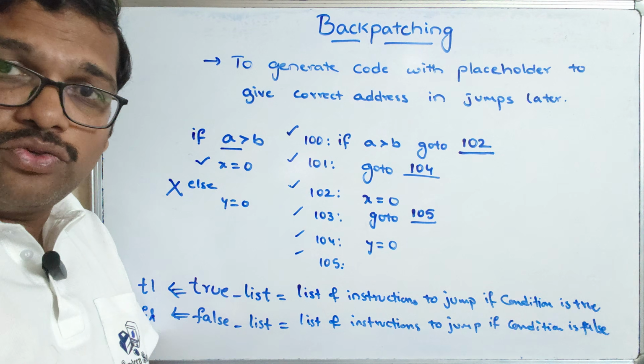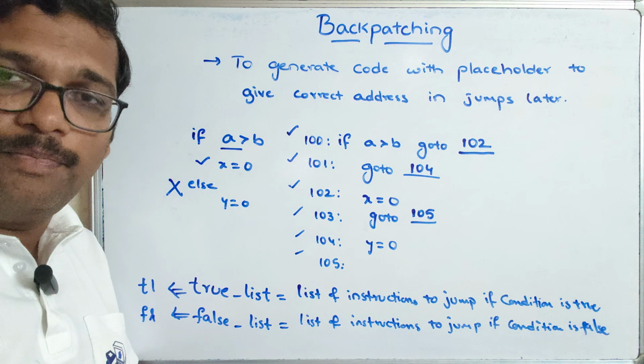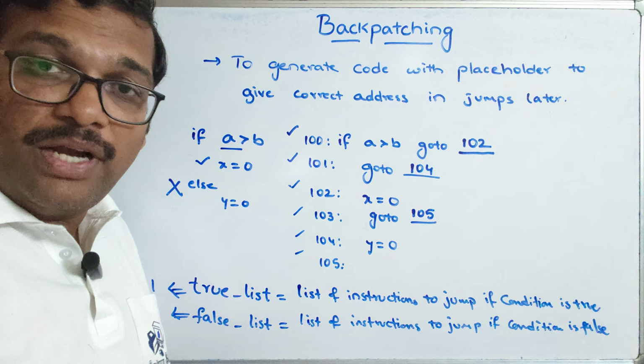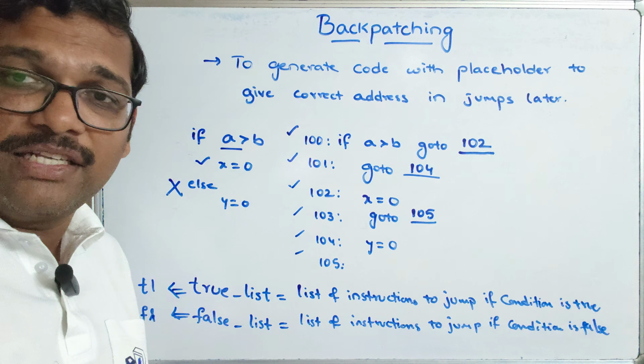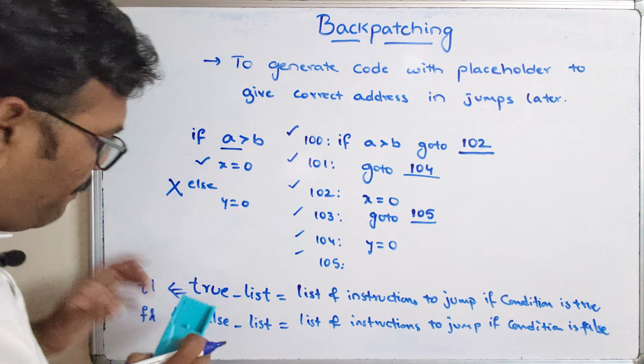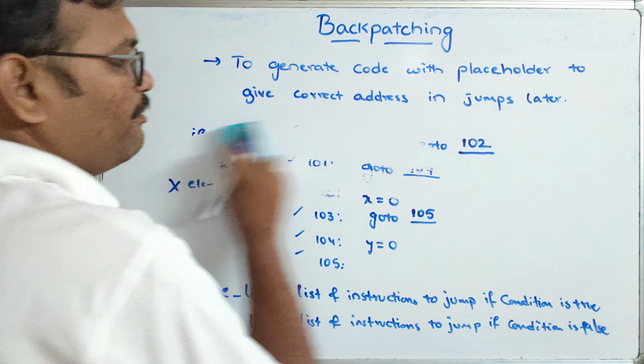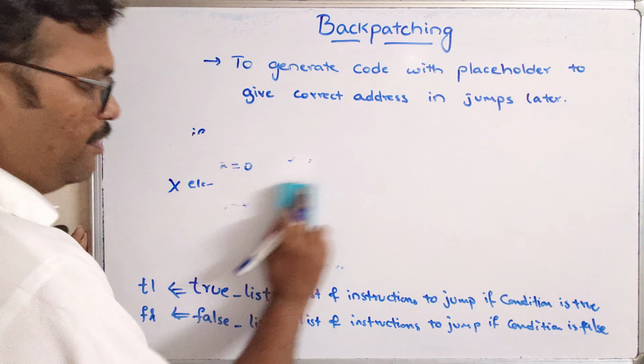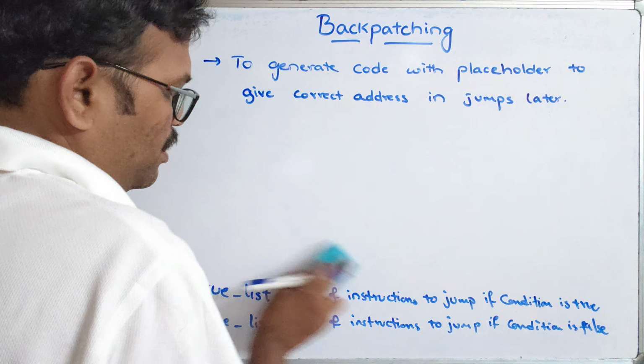So which statement should be executed when the condition becomes true, and which statement should be executed when the condition becomes false. And apart from these two lists, there will be three more functions. Mainly, they will be used.